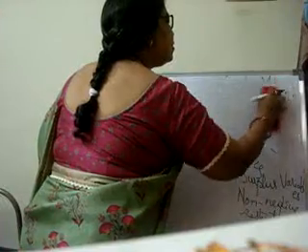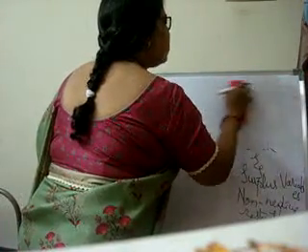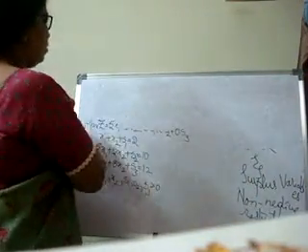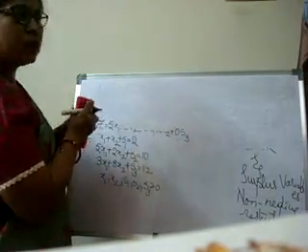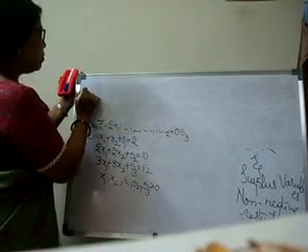Now what is that table? We will see. It is mandatory that we draw the table and solve the problem. Now the table goes this way.